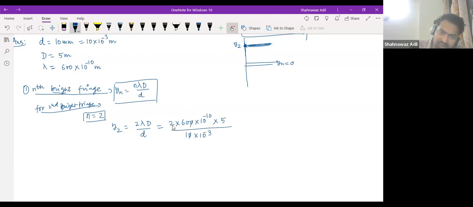So 5 2s are 10, and 6 times that, and then we have 10 to the power 2 as well, and then 10 to the power minus 10. And if this 10 to the power minus 3 goes upstairs, what would that be?